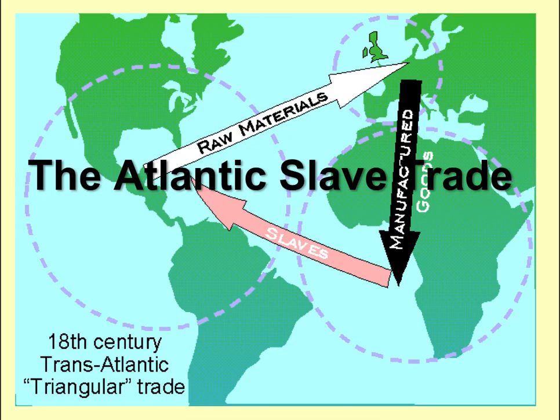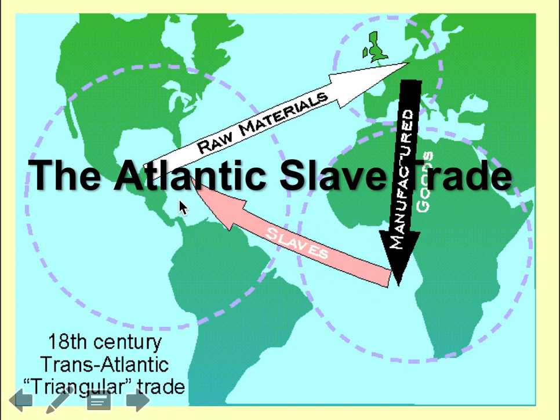All right, so now we're going to look at the Atlantic slave trade. Very important that you understand how this works. So this is the Atlantic slave trade right here. All three together make up the triangular trade. So again, pay attention.